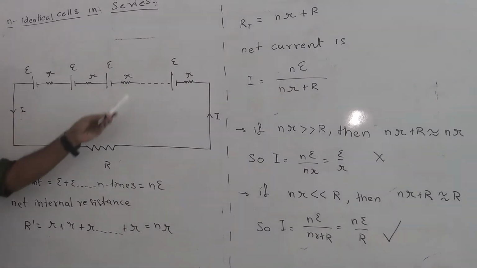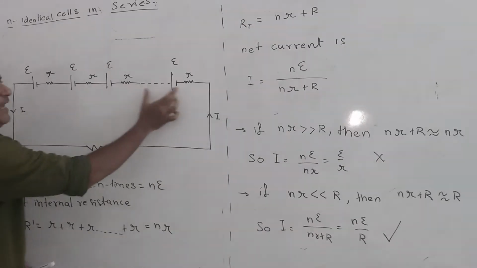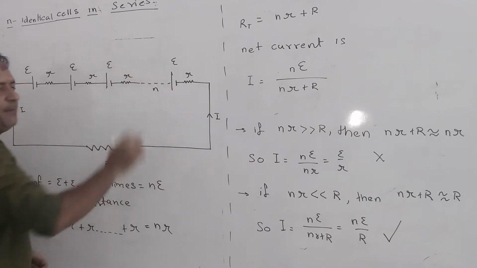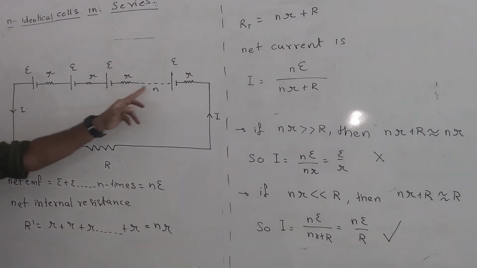How many cells have I connected in this circuit? First, second, third and n number of cells. Now all these cells are identical, that means all have the same value of EMF and all of them have the same value of internal resistance.